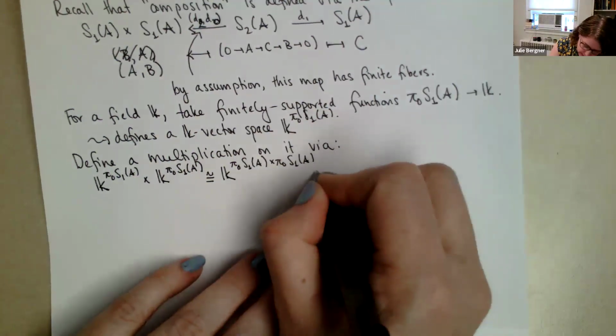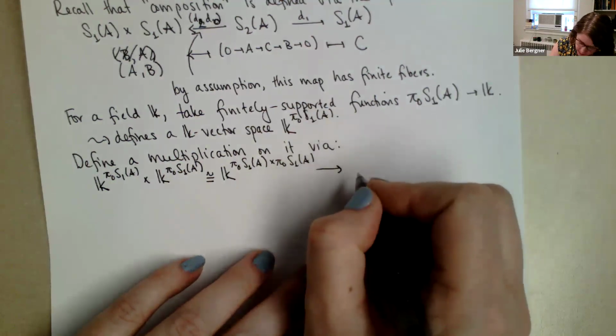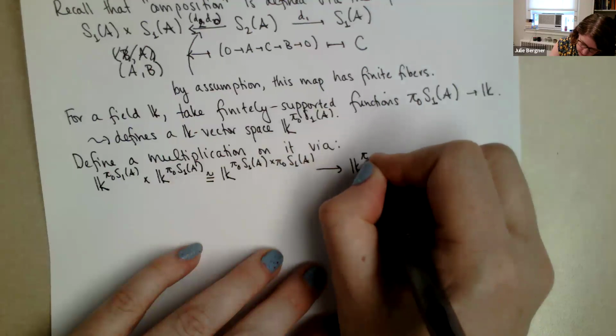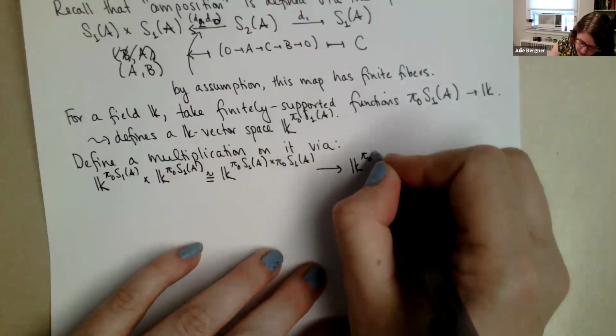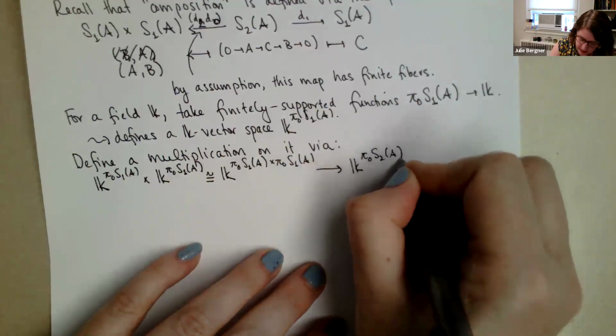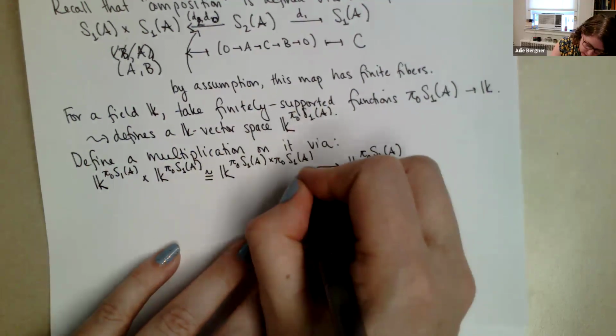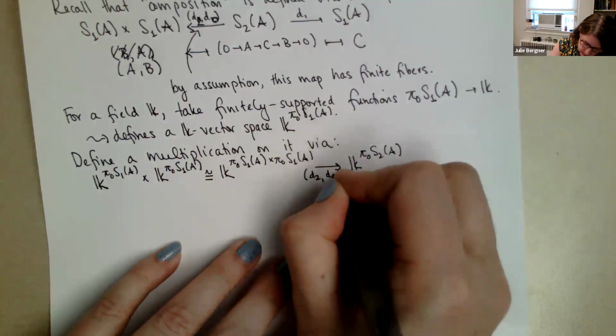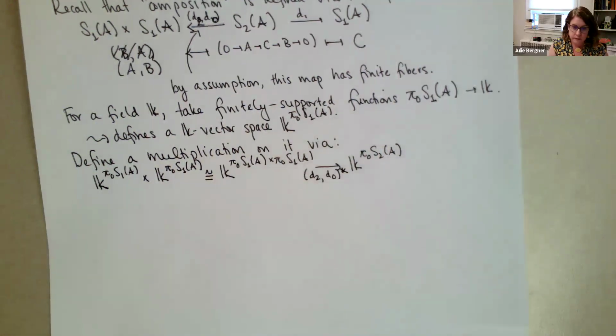And now I can take the induced map to maps from pi 0 S2 of A. So this is just going to be the pullback along this D2, D0.